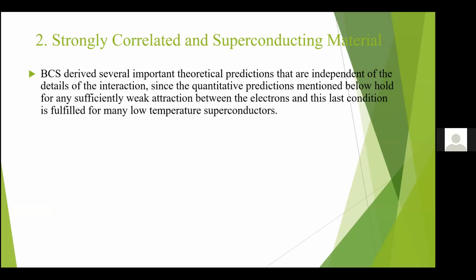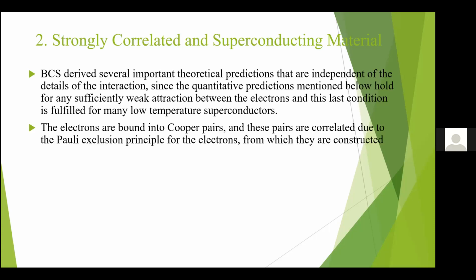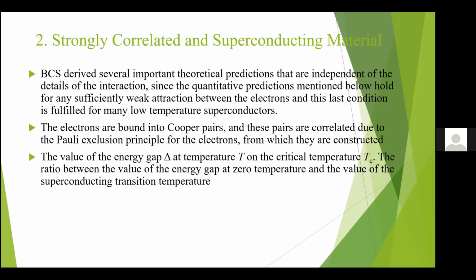The quantitative predictions mentioned hold for any sufficiently weak attraction between the electrons, and this condition is fulfilled for many low temperature superconductors. The electrons are bound into Cooper pairs, and the pairs are correlated due to the Pauli exclusion principle for the electrons from which they are constructed.